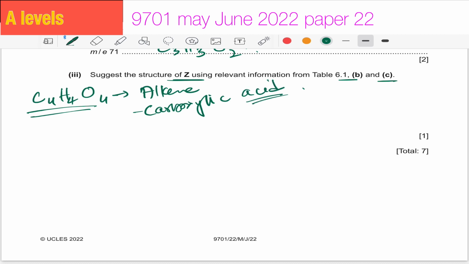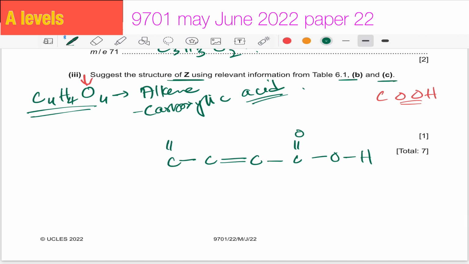So that means it contains both alkene and carboxylic acid, and as it has 4 oxygens, and a carboxylic acid functional group has 2 oxygens in it, that means it is a dioic acid. It has 2 COOH, 2 carboxyl groups present. So if I start with the structure, let's suppose this is C double bond O H, then next carbon, and because there is a double bond between carbon, let's place the double bond between these 2 carbon atoms, and now we are only left with 1 carbon and 2 oxygen and a hydrogen.